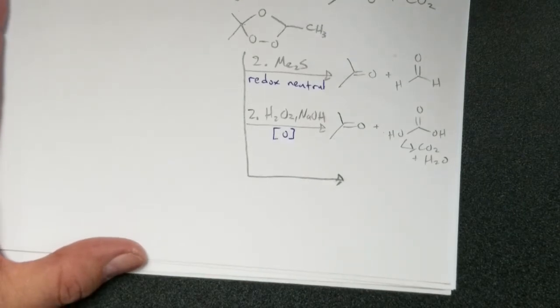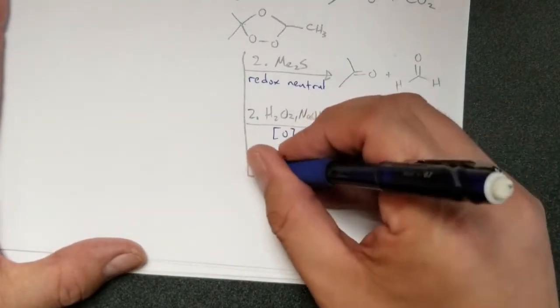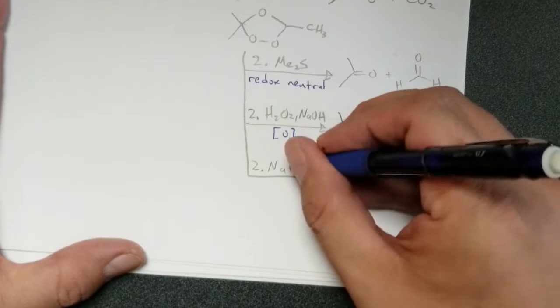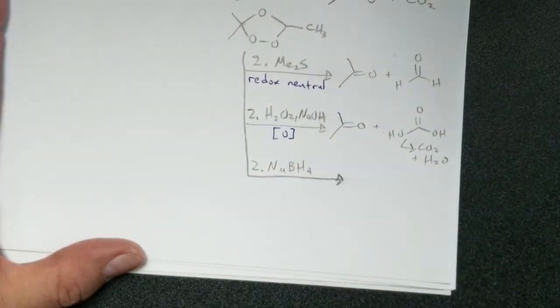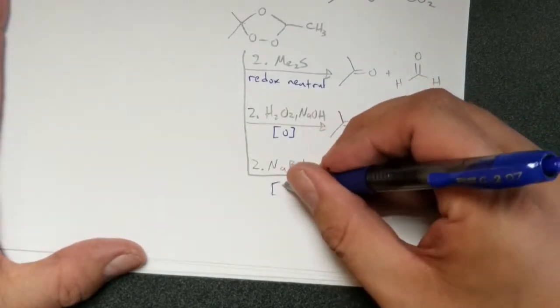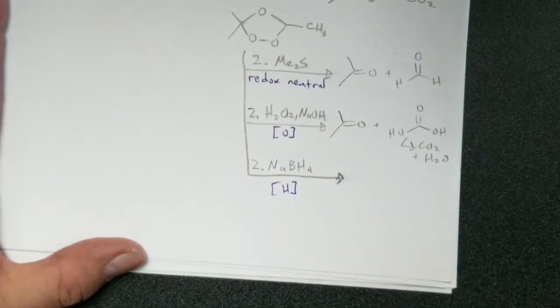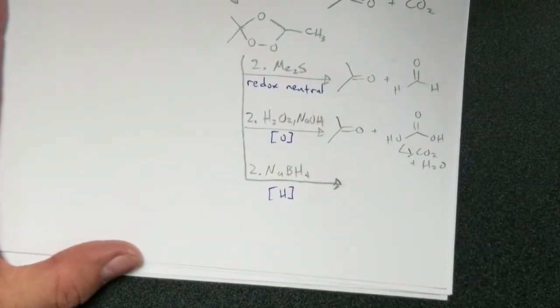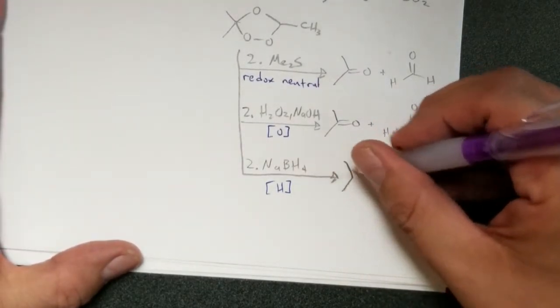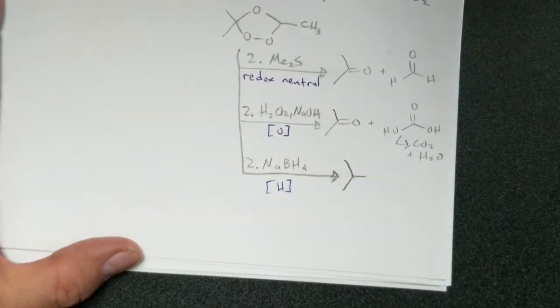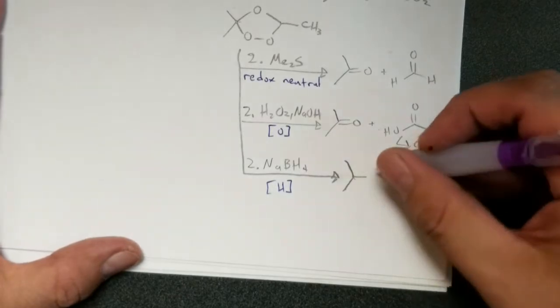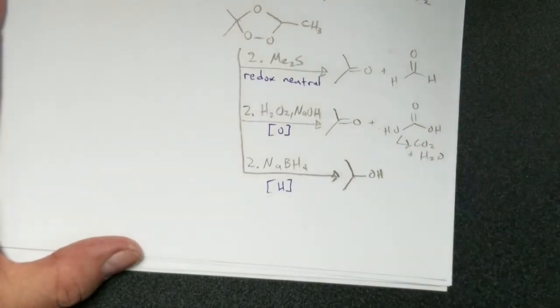All right, the other option was sodium borohydride, NaBH4. This is reductive. And essentially what happens here, it'll reduce all the carbonyls. We are going to cover redox in detail in this class again as well, if you guys did not cover it last semester. We will see it again.